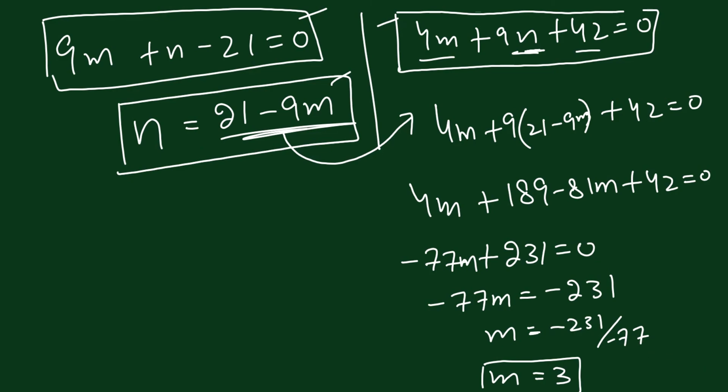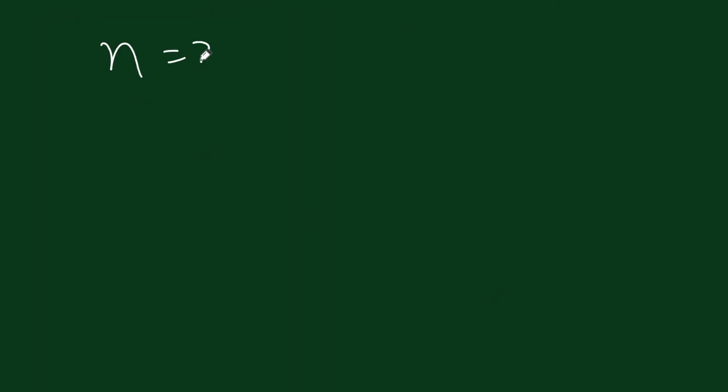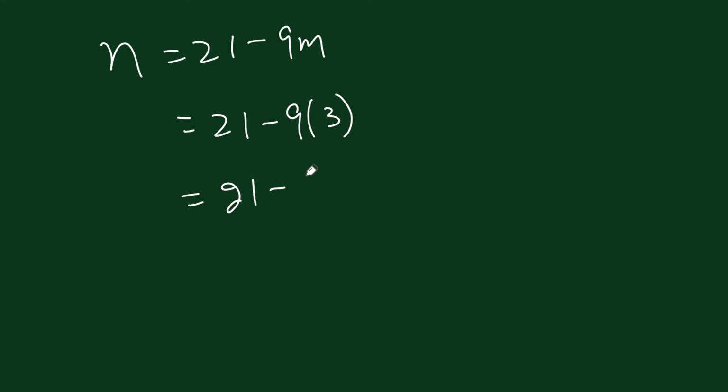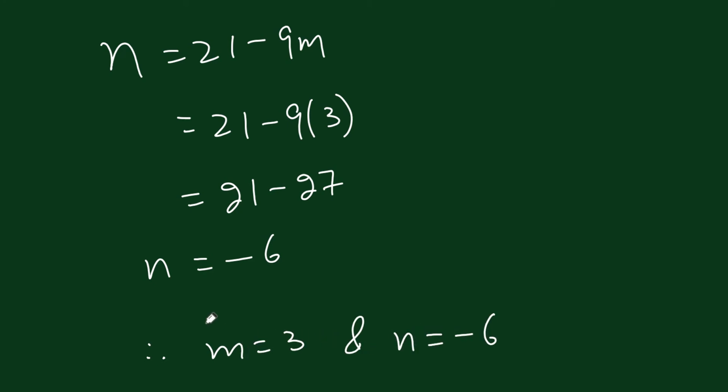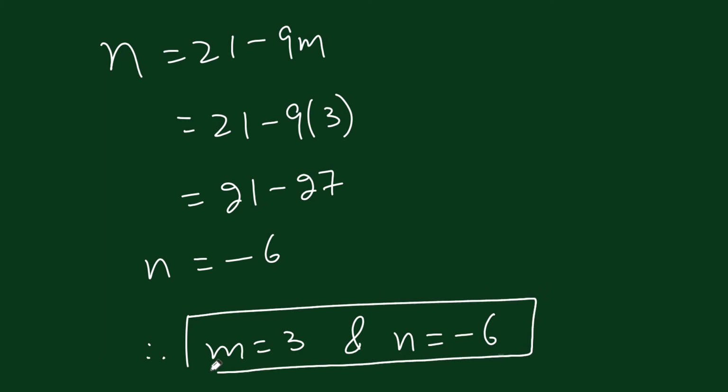So n is equal to 21 minus 9m, and we got m is 3. So it's 21 minus 9 into 3 in place of m. That's 21 minus 27, which is minus 6. So therefore m is equal to 3 and n is equal to minus 6 are the values of these unknowns.